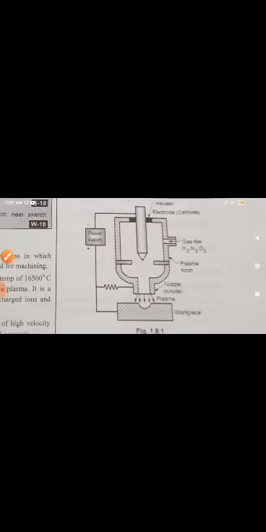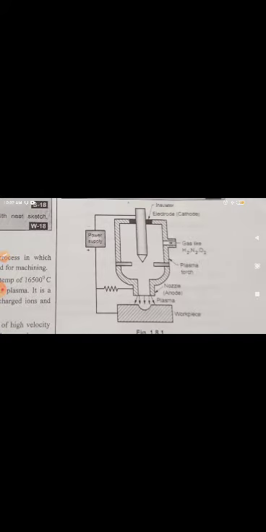See again all these equipments: power supply, insulator, then the casing provided, which is called the plasma torch. H2, N2, O2 type gases are supplied from here, and this flame emerges and bombards the workpiece surface.